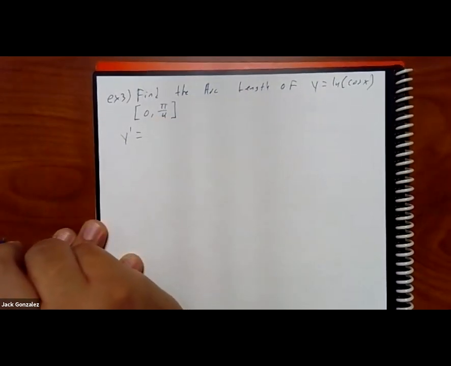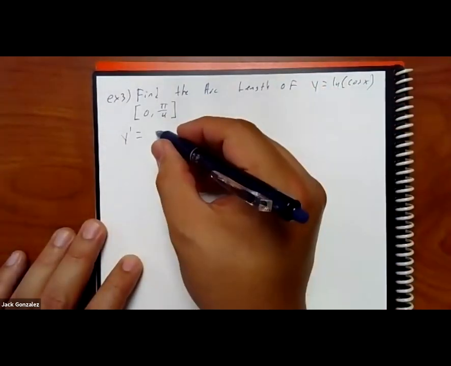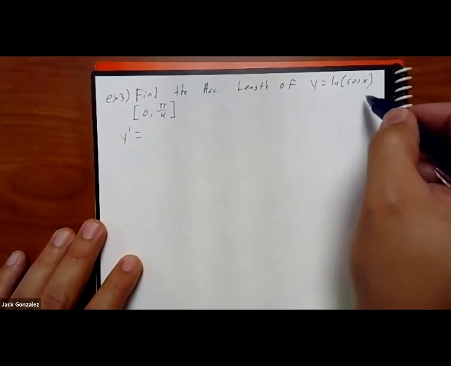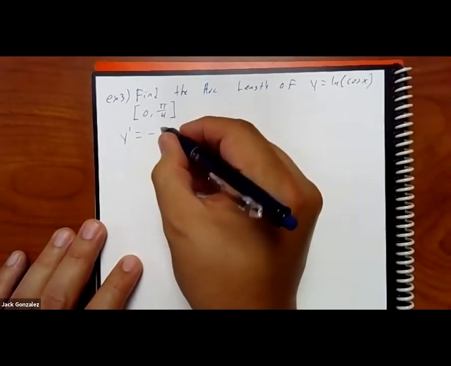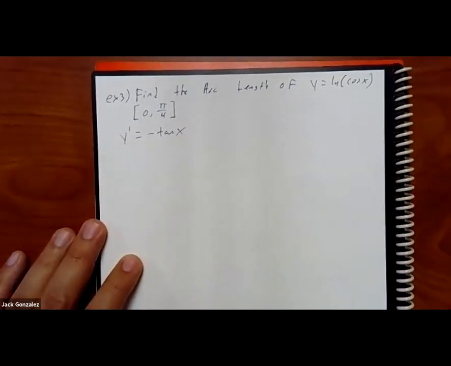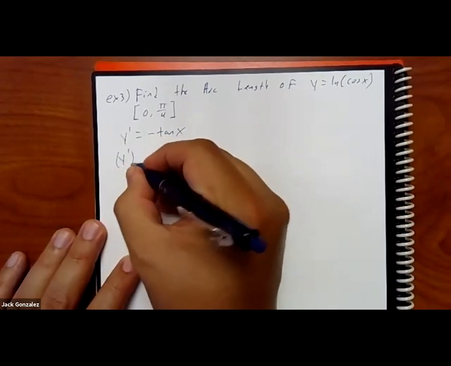What is the derivative of ln cosine? It's a chain rule, right? So it'd be 1 over cosine times the derivative of cosine, which is negative sine. Then we need to square it, right, for the formula.